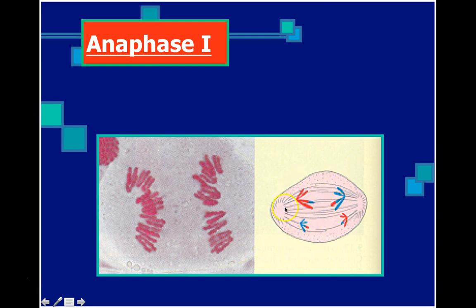So one chromosome goes one way, one chromosome goes another. Remember, this right here is the halving of the amount of chromosomes from 46 to 23. This is how it happens. You're literally splitting them in half.